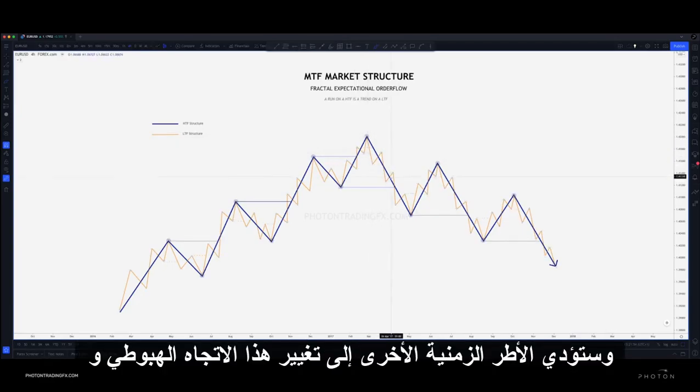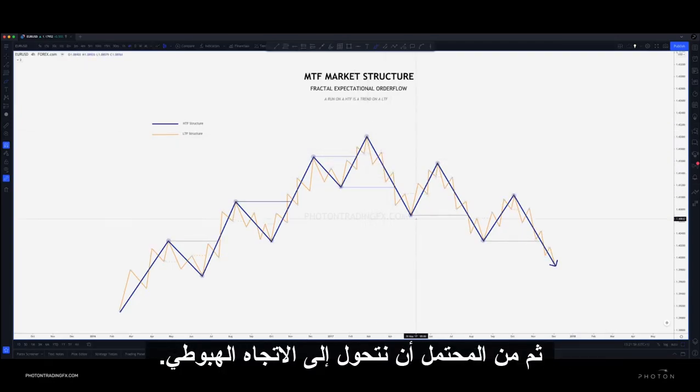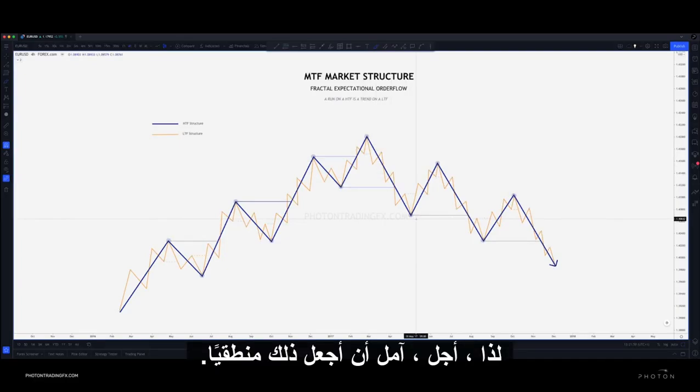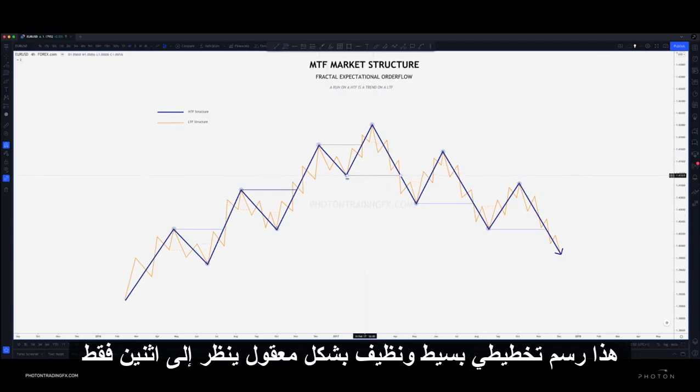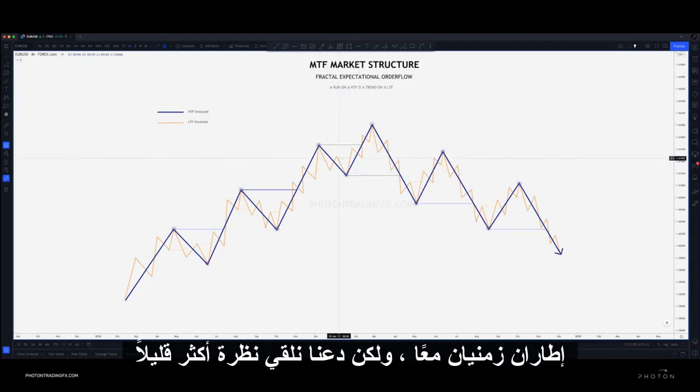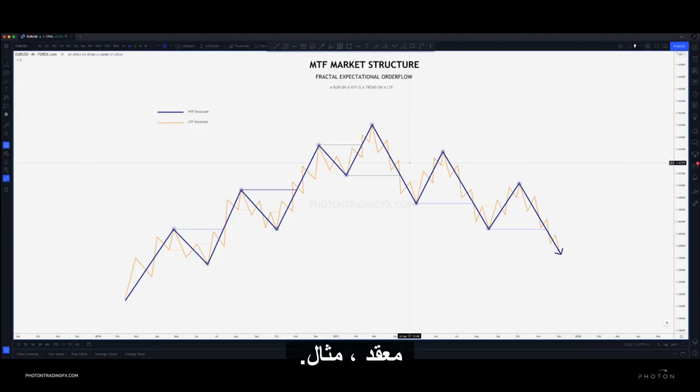So you're going to get that bearish trend change, and then the 4-hour will potentially switch bearish. Okay, hopefully that makes sense. This is quite a simple and clean diagram, looking at just two time frames together. But let's take a look at a slightly more complex example.